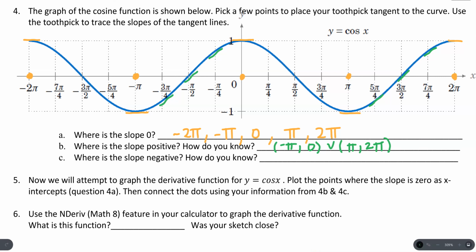All right, where is it going to be decreasing? So negative 2 pi to negative pi, and then 0 to pi, and then other places as well, right? And I know this because, why? It's periodic.